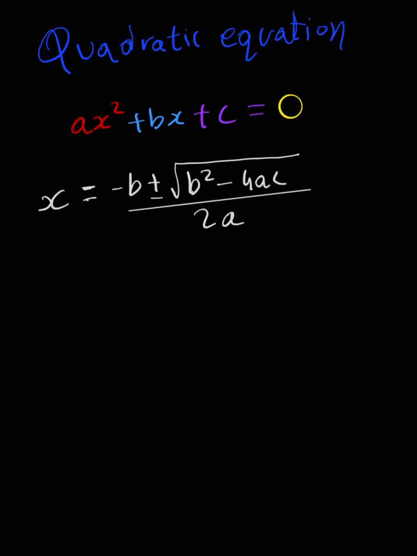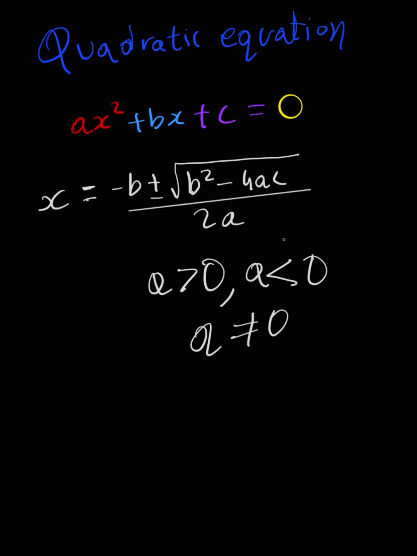The number one condition is that a should either be greater than 0 or less than 0, but it can never be equal to 0. If it is equal to 0, the x squared term will just become 0 and it will be a linear equation, which we would solve using our normal methods. So a cannot be 0.